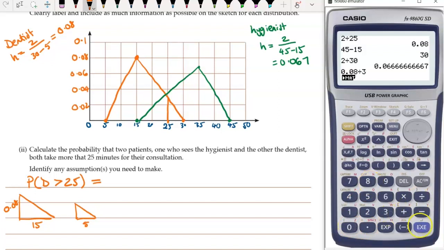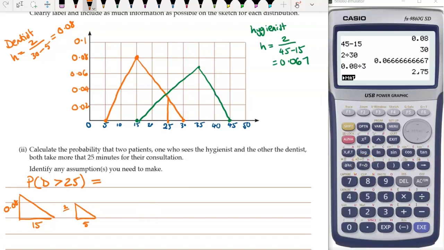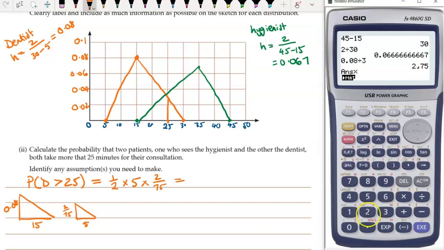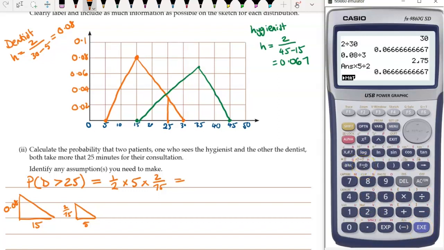So if we do 0.08 divided by 3, I'm going to put that as a fraction just to keep all of its accuracy. So that's going to be 2 over 75. So it's going to be half times the base, which is 5, times the height, which is 2 over 75. So times it by 5, divide it by 2, and we get 0.0667 or 1/15.